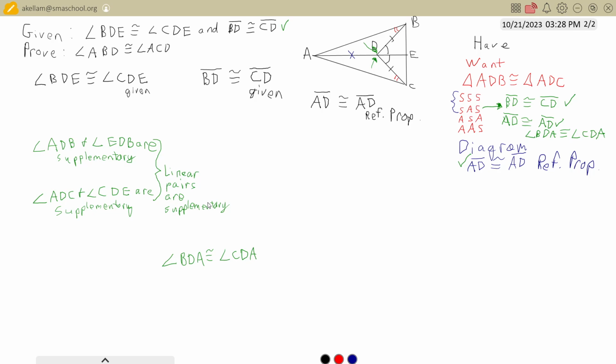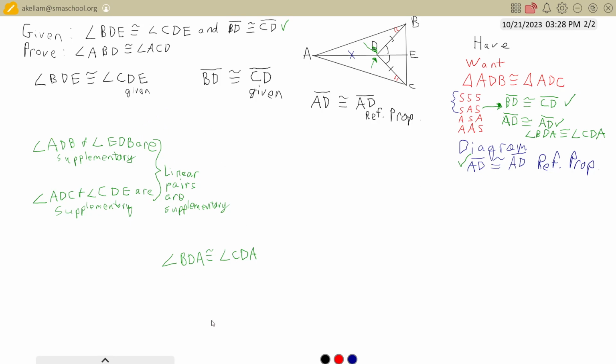So now let's connect a couple of things here, because we have a lot of stuff written down, and all of it is either from the diagram or from something that we want in order to show that these triangles are congruent.